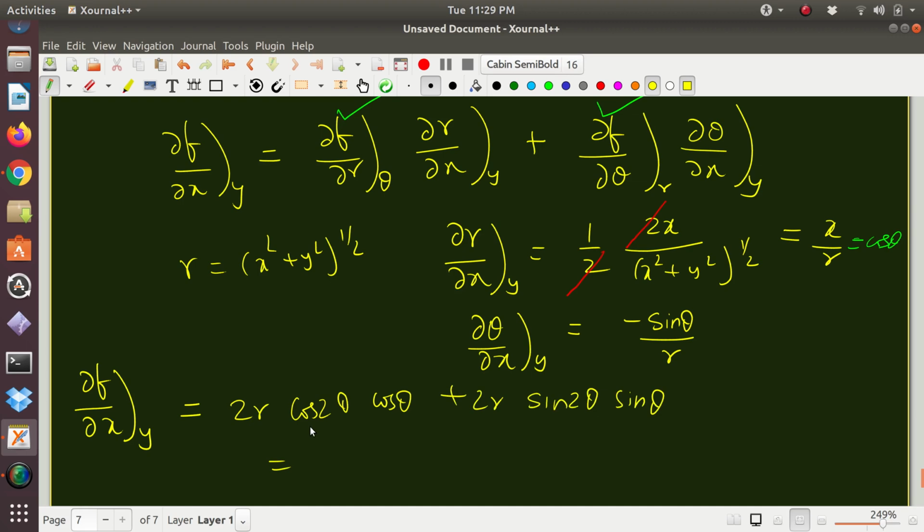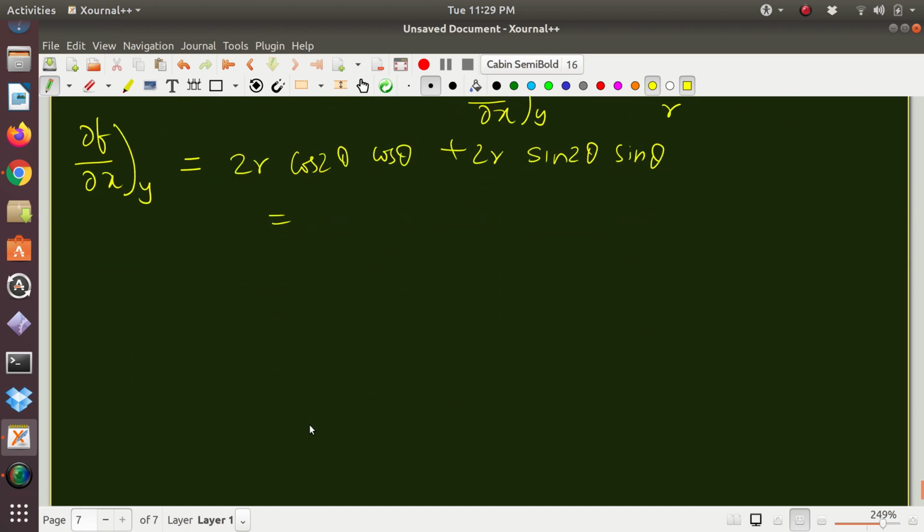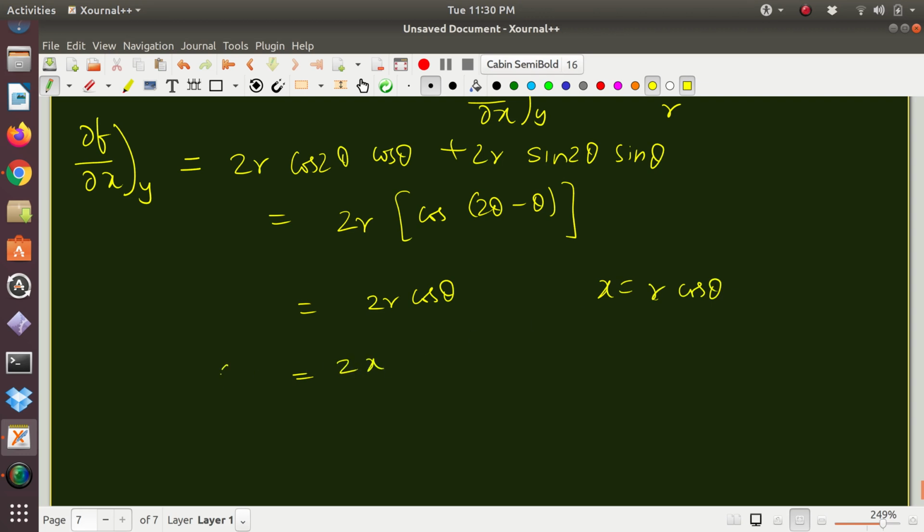Taking 2r common, cos 2 theta cos theta plus sin 2 theta sin theta is 2r times cos of 2 theta minus theta, using the cos A minus B formula. This is nothing but 2r cos theta. Since x is equal to r cos theta, this is nothing but 2x. Partial f partial x at constant y is 2x.